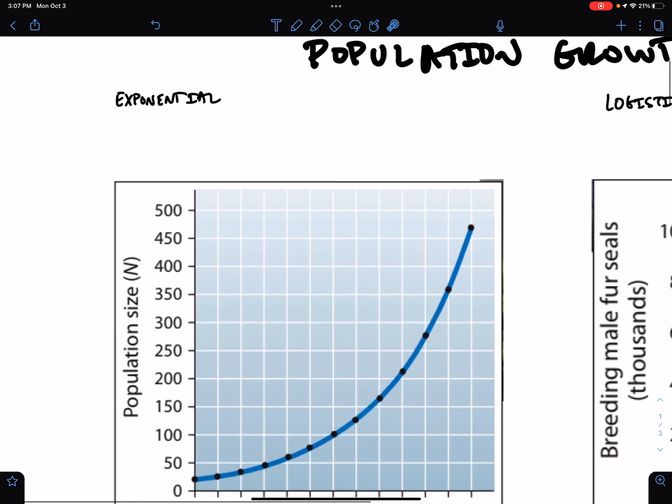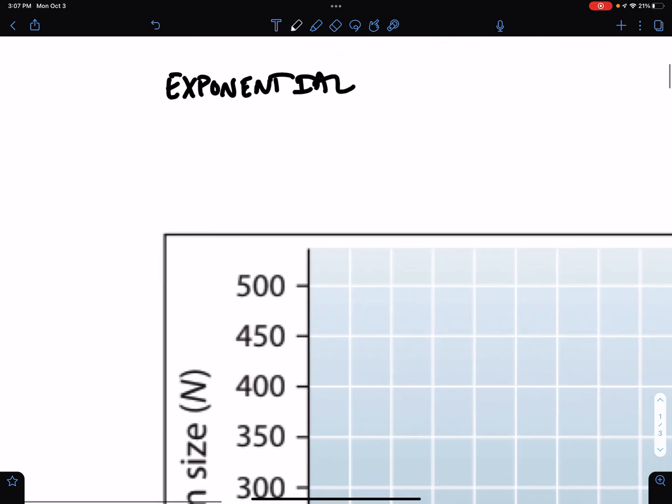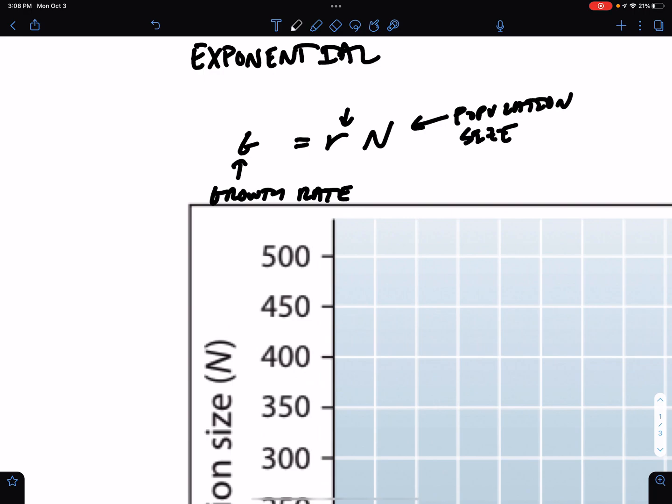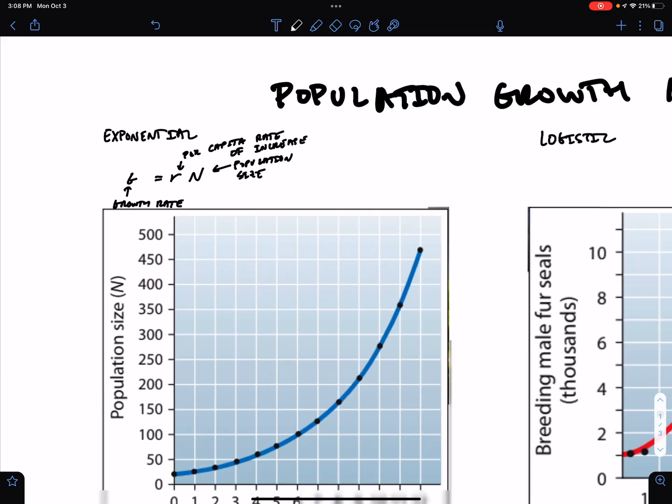And so this can be modeled with the equation G equals R times N, where G is our growth rate, N is the population size, and R would be our per capita rate of increase.